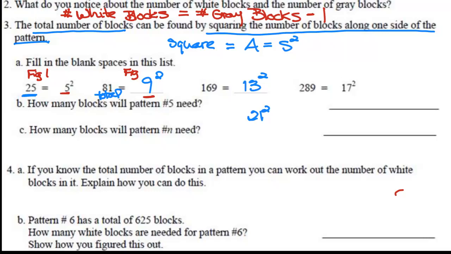So 5 squared plus 4 becomes 9 squared. Figure 3, we had 9, we went to 13. Figure 4, we went from 13, we added 4 and got 17. So if we want figure 5, 17 plus 4 is going to be 21 squared, which is how much? 441.